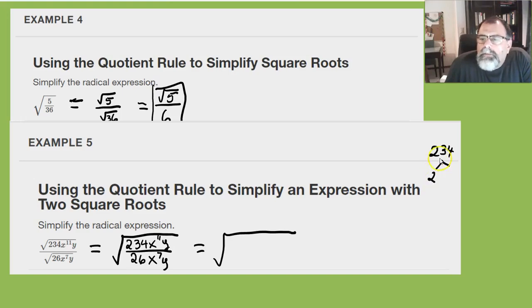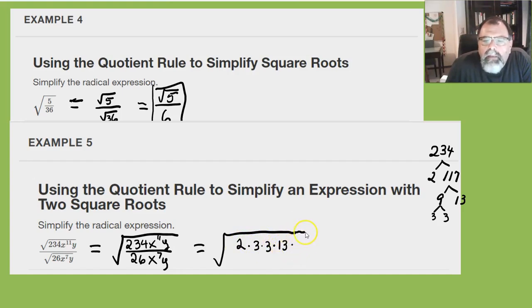No. Well, let's just do 2. So we get 117. And then 117, 9 will come out of that. So we get 13. Then 9 is 3 and 3. So we've got 2 times 3 times 3 times 13.